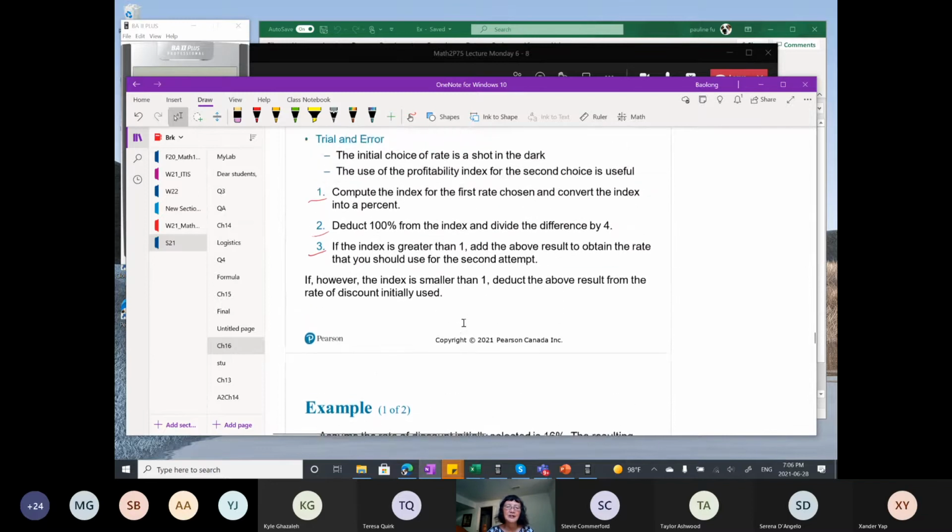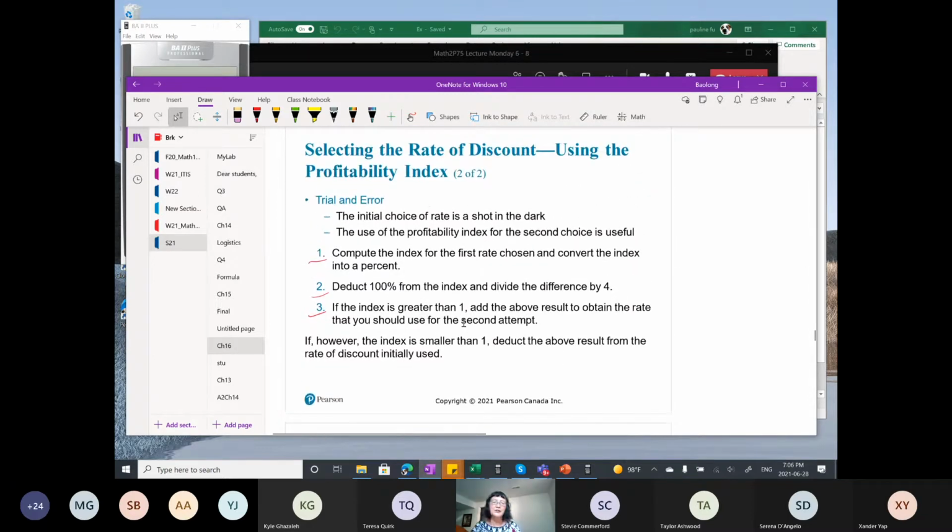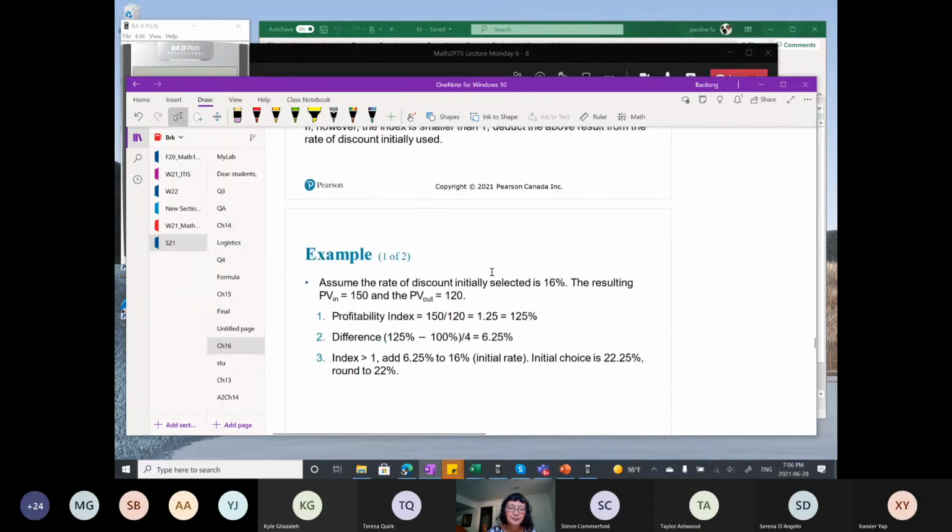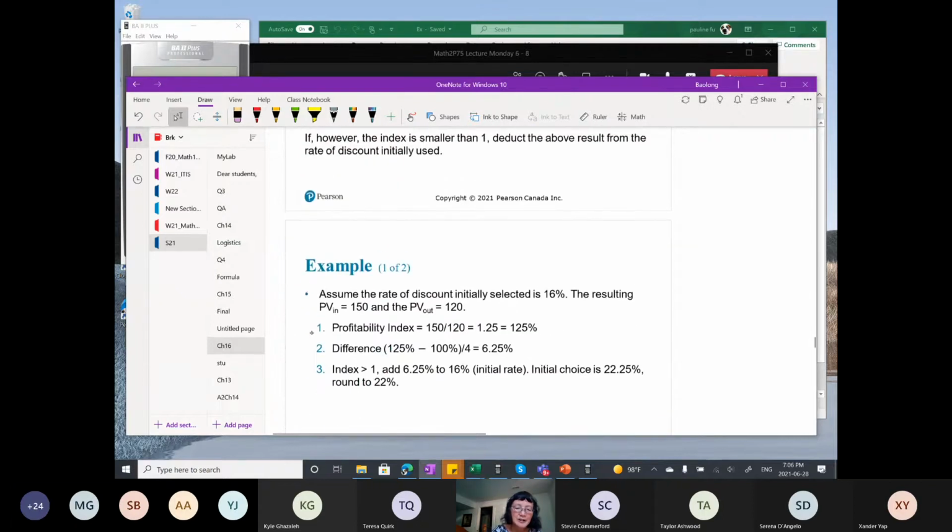Now we are going to select the rate of discount using trial and error. Step 1, compute the index for the first rate.